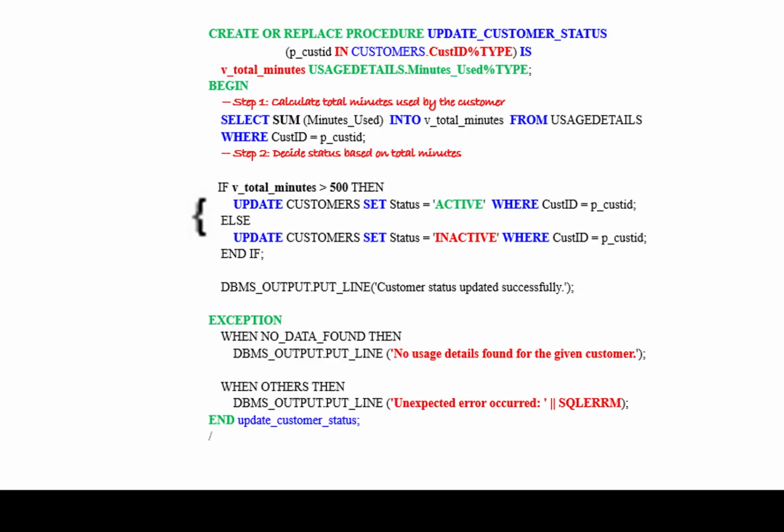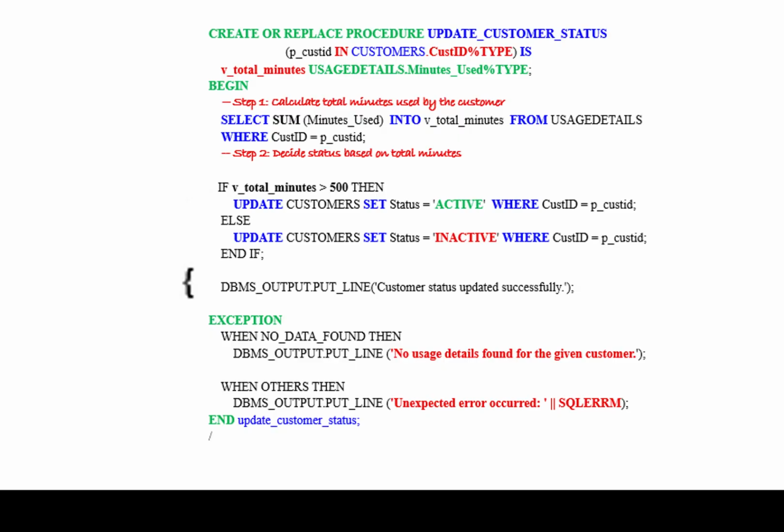Students, note carefully. We are updating customers table based on calculation from usage details. This shows relationship between tables. And for less usage, update customers set status to inactive where cust_id equals p_cust_id. So clearly, one procedure, two possible outcomes, clean and simple logic.